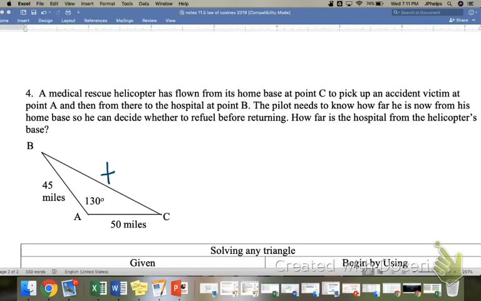Go ahead and call that X. In this problem, we've got a side, another side, and the angle included. So this is side, angle, side, which means when setting up the law of cosines, we want to put this in terms of angle A. So go ahead and try finishing this problem.